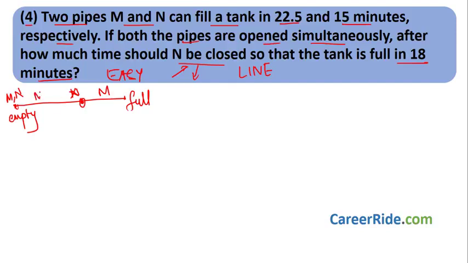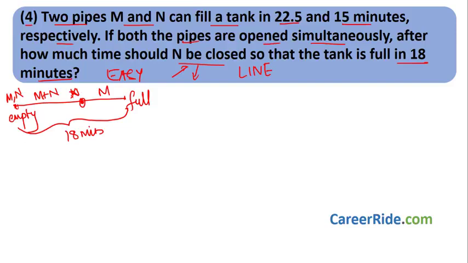So over here M and N both were on, then N was closed. Now only M is on, and what happens because of this? Because of closing of N, the entire tank should get filled in 18 minutes. So it is not 18 minutes from here, it is 18 minutes from empty. That is, from the empty tank to the full tank, the entire tank should get filled in 18 minutes. So we have to close N at such a point.